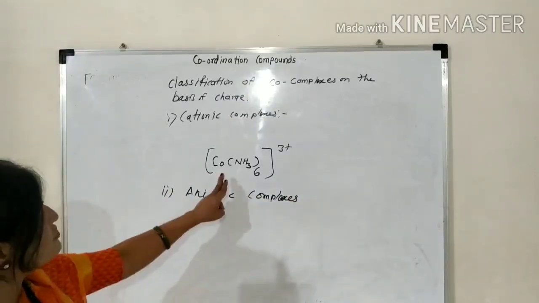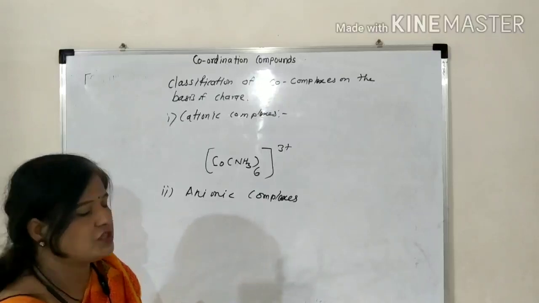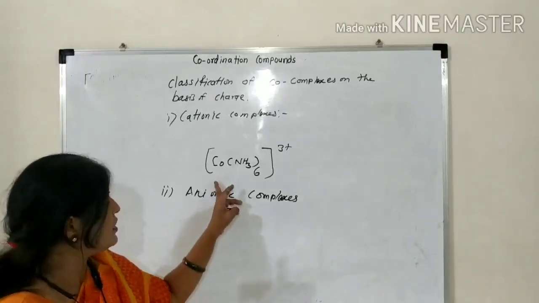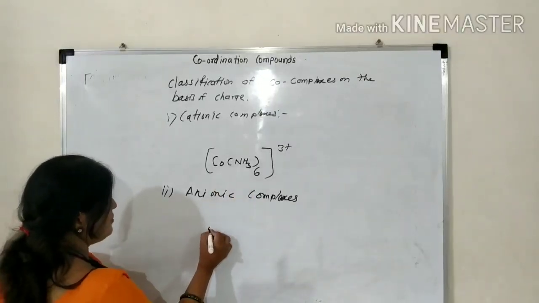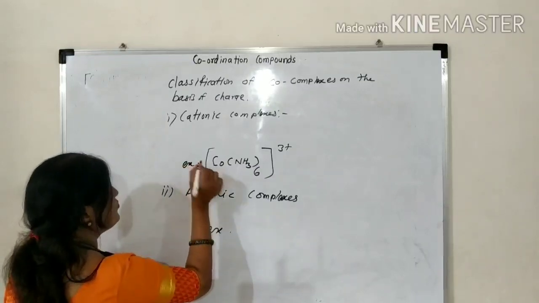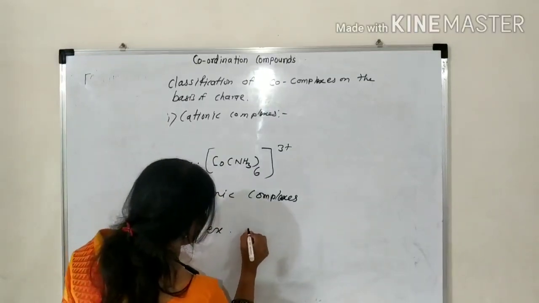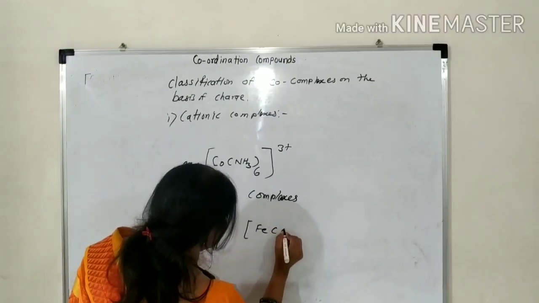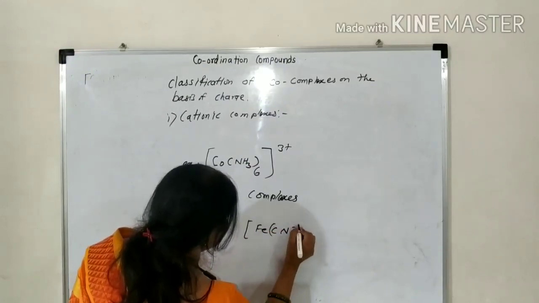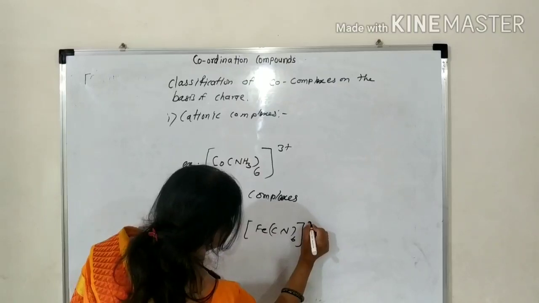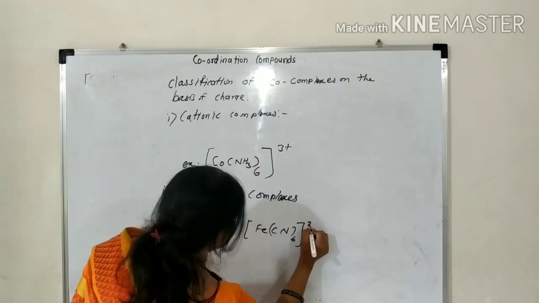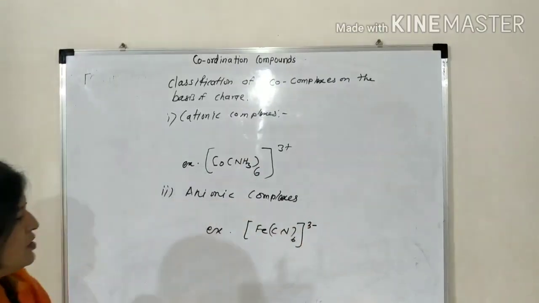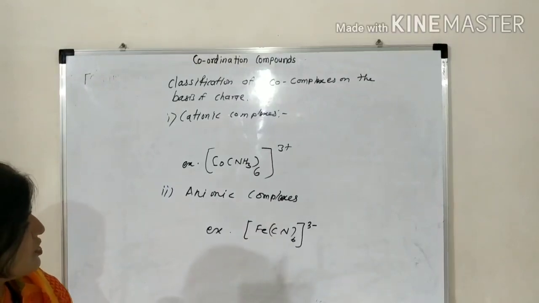If the coordination sphere carries a negative charge, for example, suppose you have taken here Fe(Cl)6 with 3 negative charge.